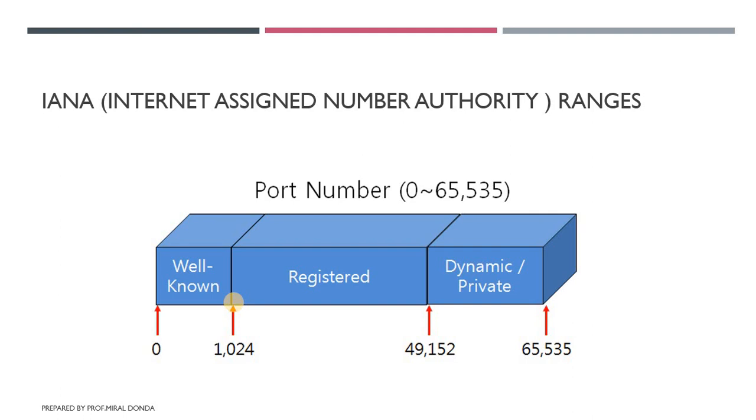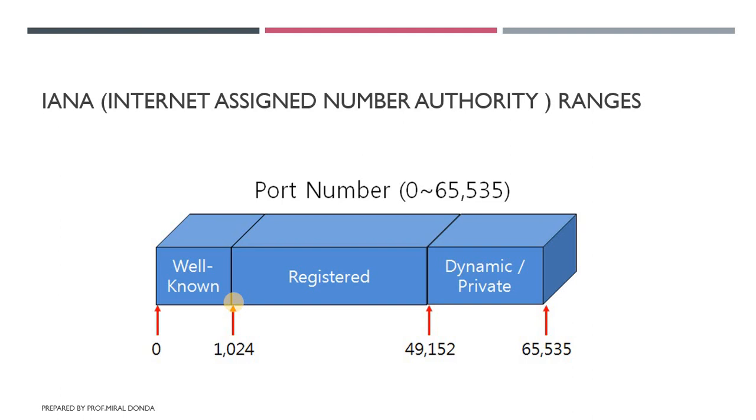And the third category is dynamic ports or private ports. The range is between 49,152 and 65,535. The dynamic port numbers are the port numbers that are available for use by any application in a communication with any other application.